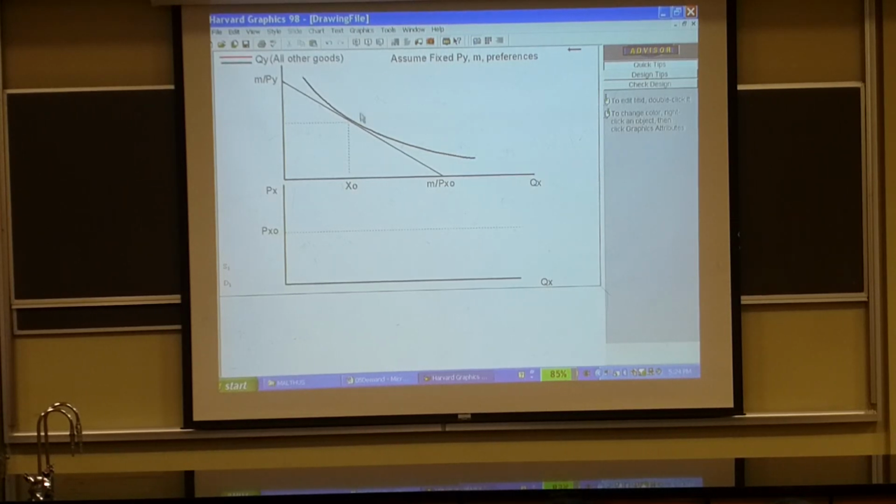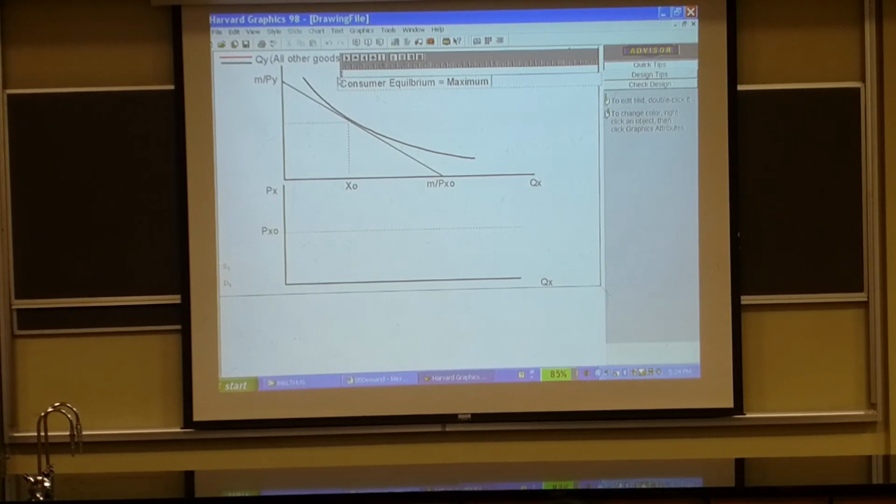Now notice, if this indifference curve was one tiny bit higher, they couldn't buy it. If it was any lower, they could improve their situation. So this is the best combination they can buy. By the way, this gives us a very important result, which is consumer equilibrium, which means maximum preference.